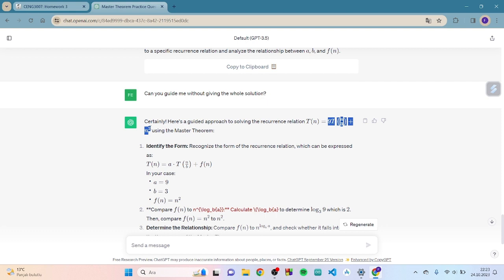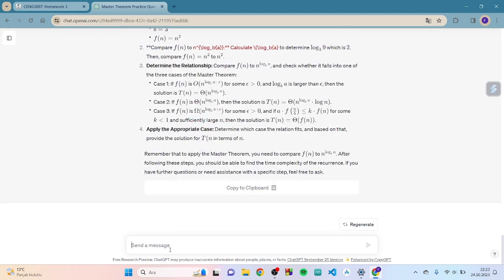So, according to the master theorem, the solution for the given recurrence relation, I think, is O(n squared log n). I ask about this one, the algorithm, and describe the recurrence relation.